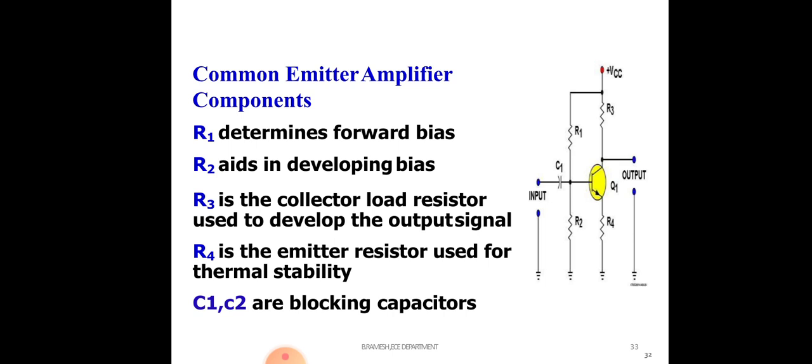So C1 allows the AC signal, blocks the DC signal, and transfers the input signal to the base terminal.